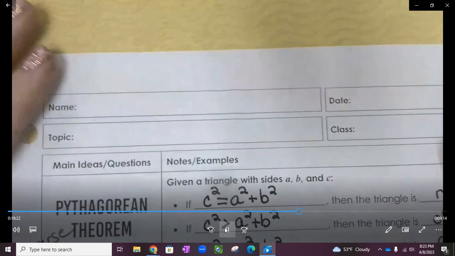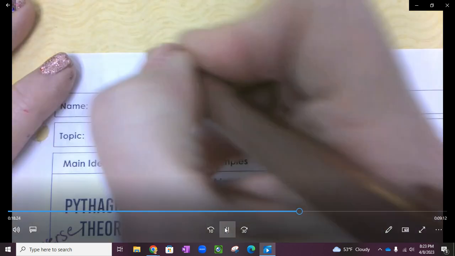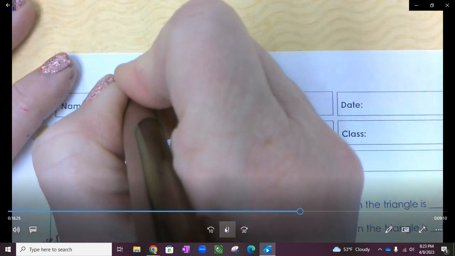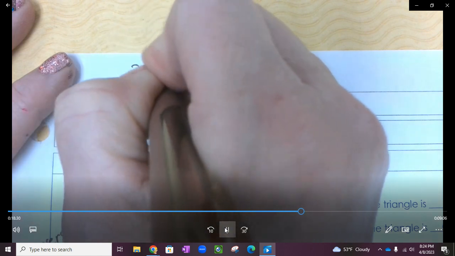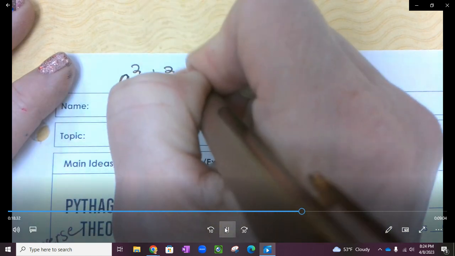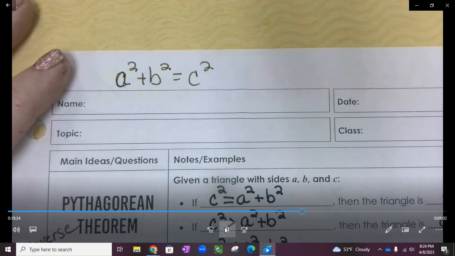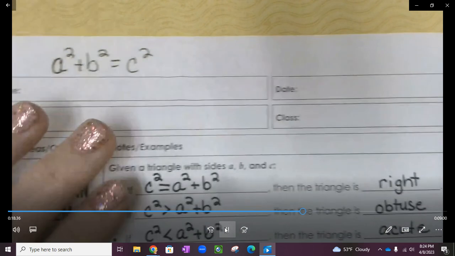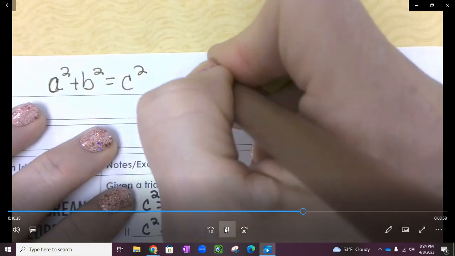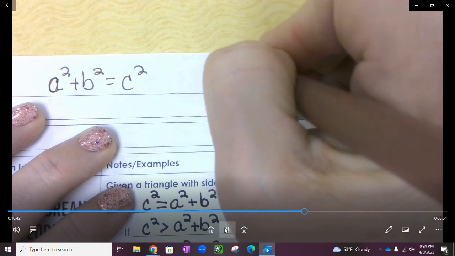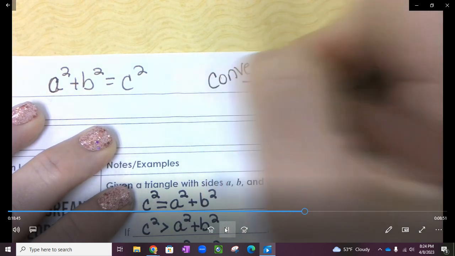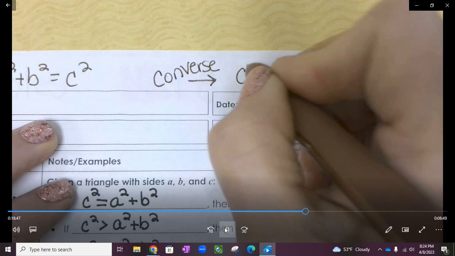Okay, at the top of your paper, let's write this down. A squared... All right, that's the Pythagorean theorem. What we are doing on this worksheet is the converse, which means we need to switch it around.